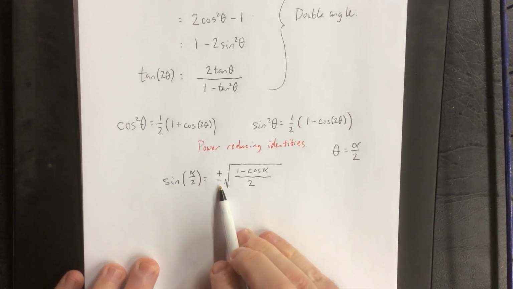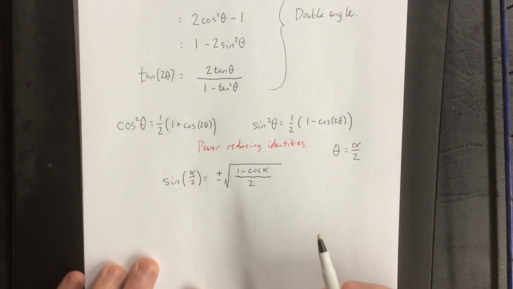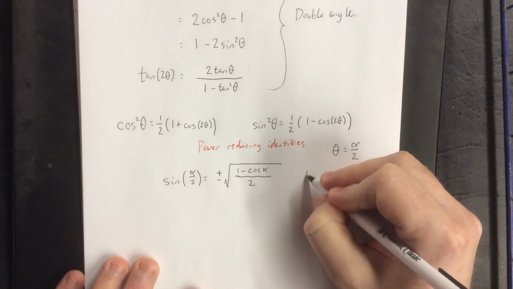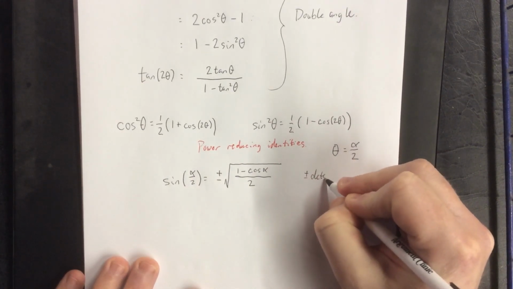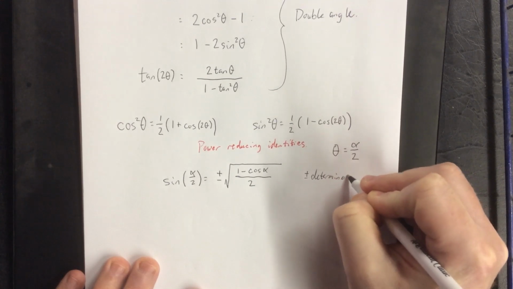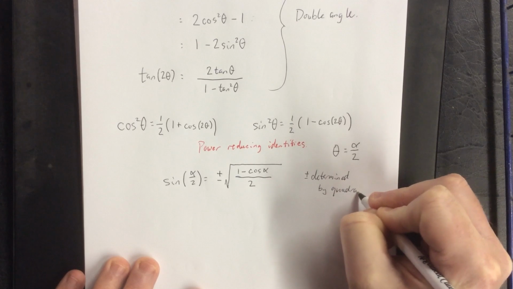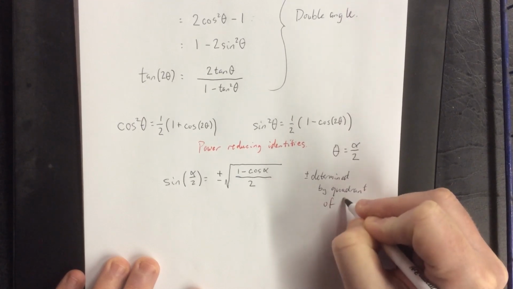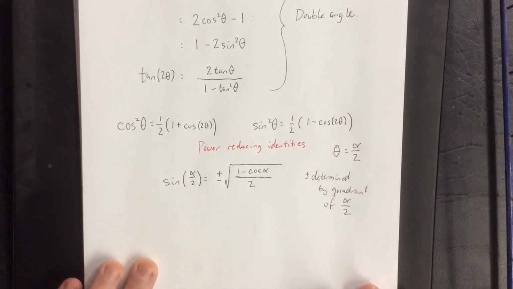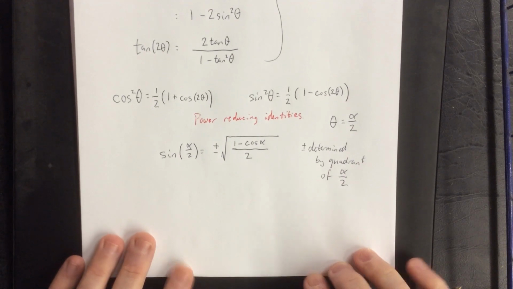The plus or minus is determined by the angle of alpha over 2. We'll go on to explain what that means in a couple of example problems.